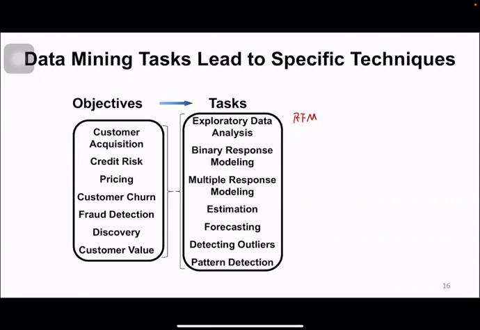And those tasks correspond to different techniques. So here I put the RFM. What is RFM? RFM means recency, frequency, and monetary. So if you want to find potential good customers, you have 3 dimensions.